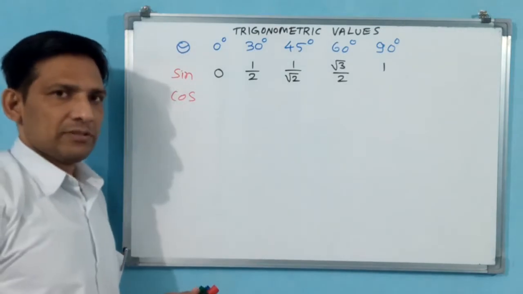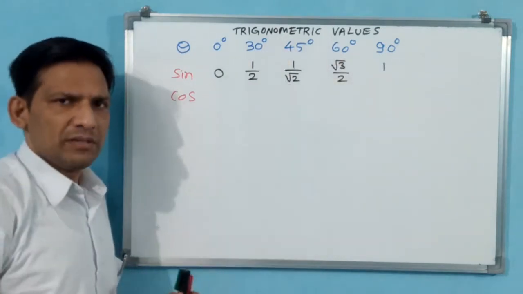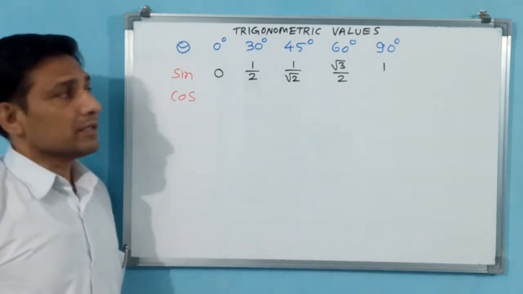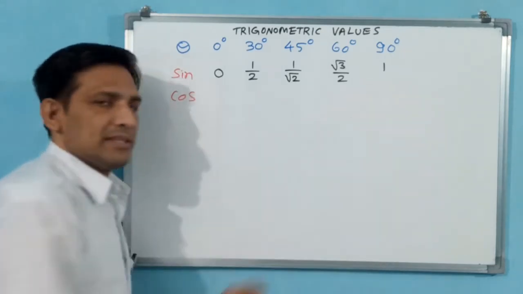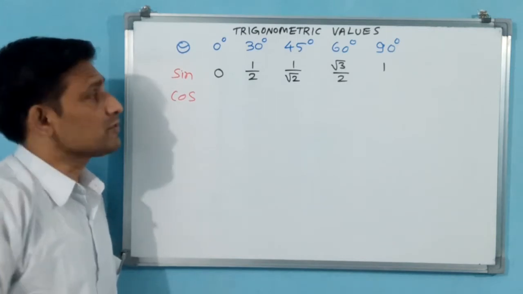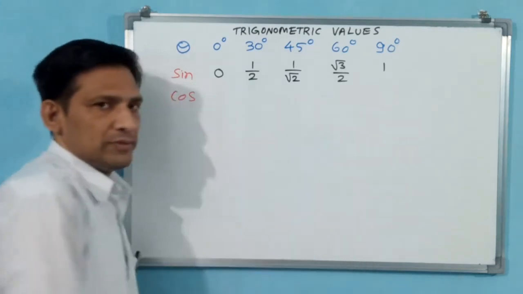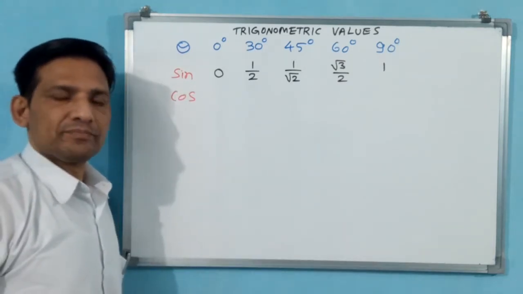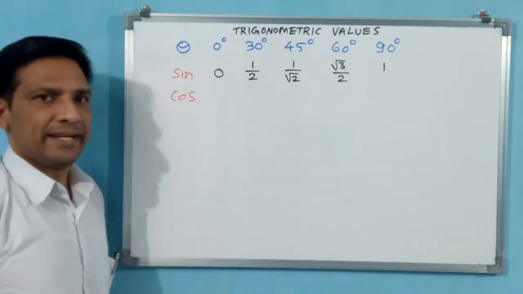These are the values. Okay, you may ask, sir, how these have come. I am going to explain in 2-3 minutes. Wait. Now, first you remember these values. These values are very important. Once you remember these 5 values for sin, all values we can derive.